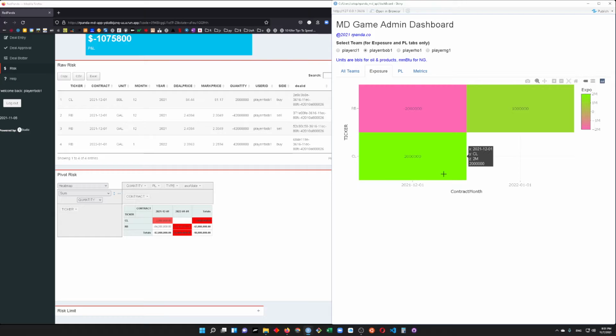So in this specific case, looking at the RBOB team, I might think that they are short a crack spread for the month of December between RBOB contract and WTI to the tune of 2 million barrels. And another strategy, they are long 1 million barrels of flat price for RBOB for the January contract. That would be one alternative to look at the position.